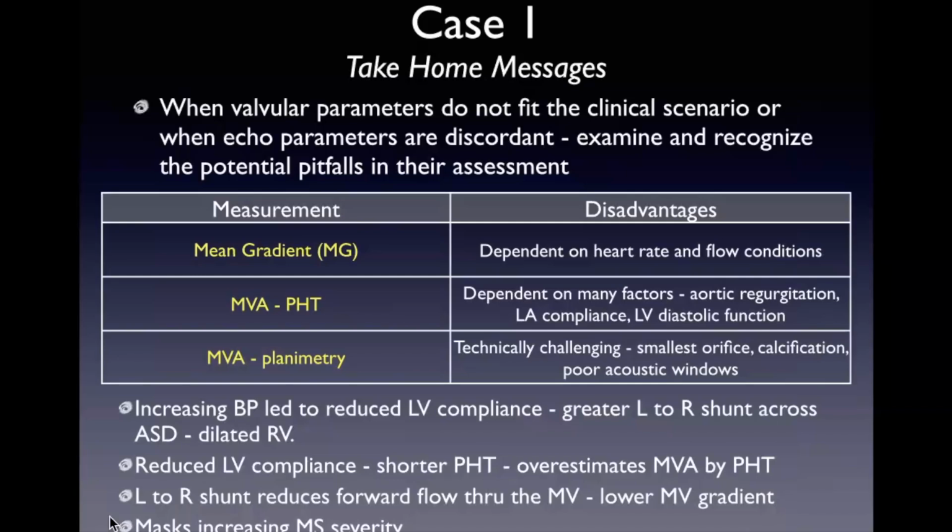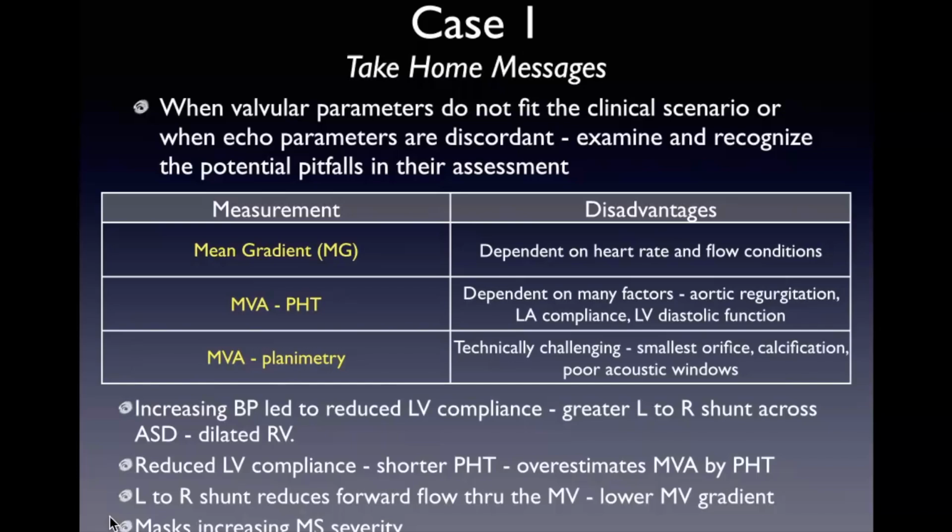The mean gradient depends on heart rate, flow conditions, pressure half-time, and multiple factors: aortic regurgitation, LA compliance, LV diastolic dysfunction. Mitral valve area by planimetry is technically challenging: smallest orifice, calcifications, poor acoustic windows, and perhaps reduced opening in the setting of reduced stroke volume through that mitral valve.